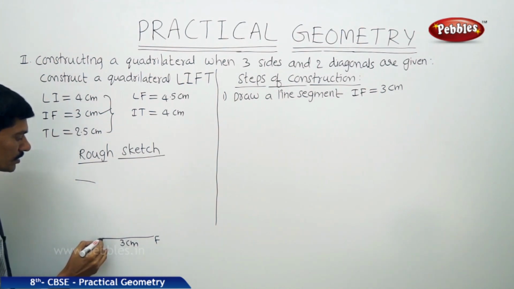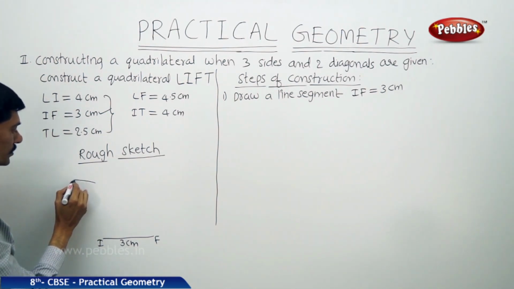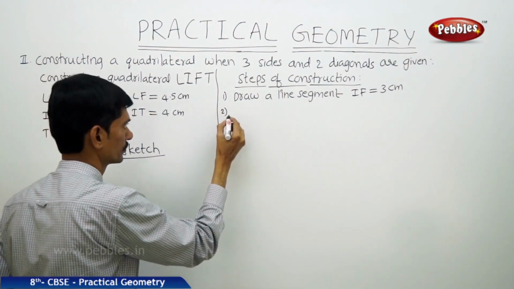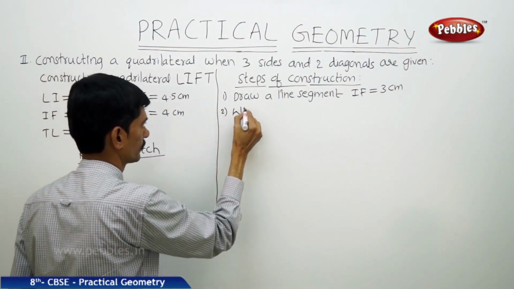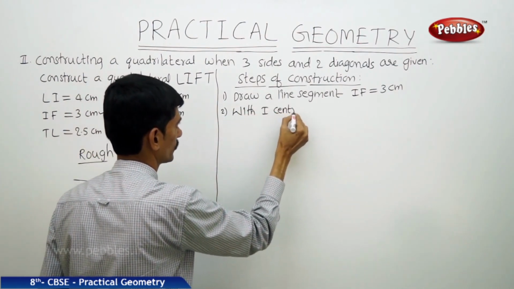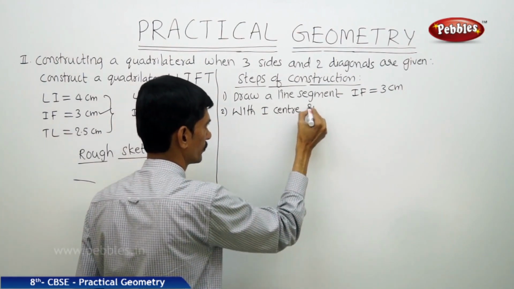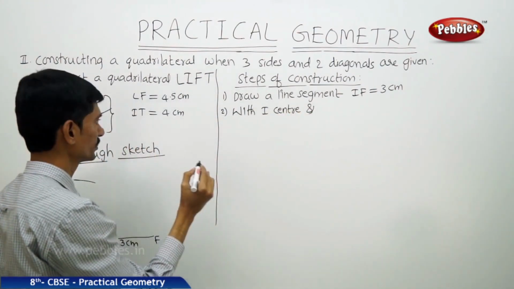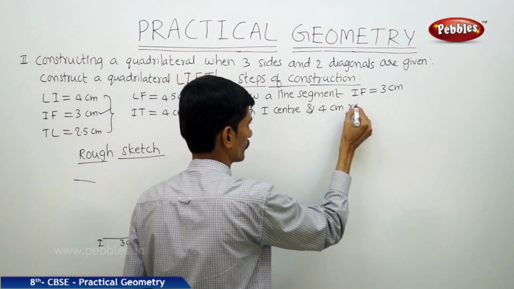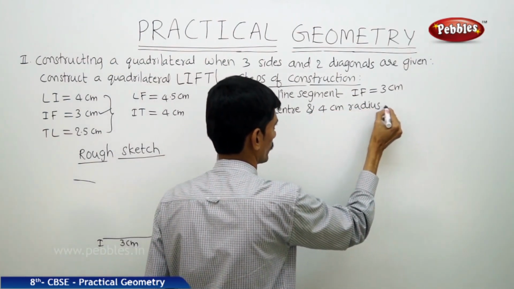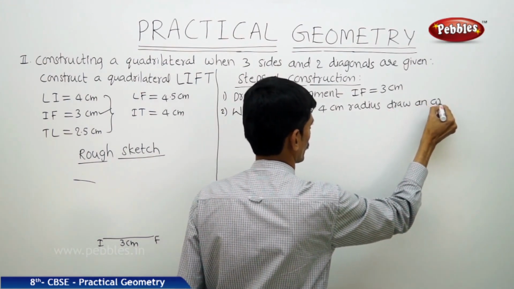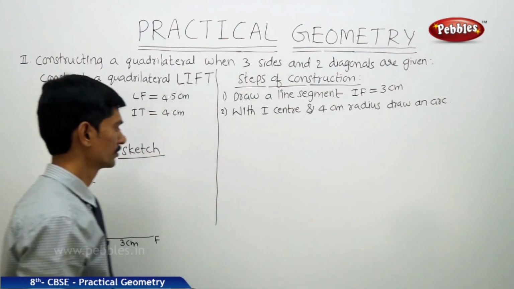Take I as the center and 4 centimeters radius, draw an arc.